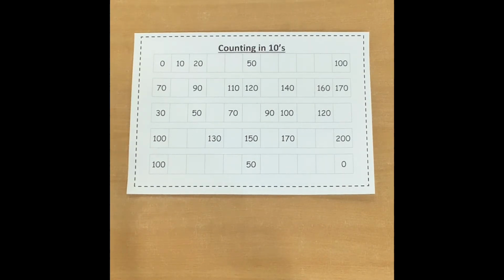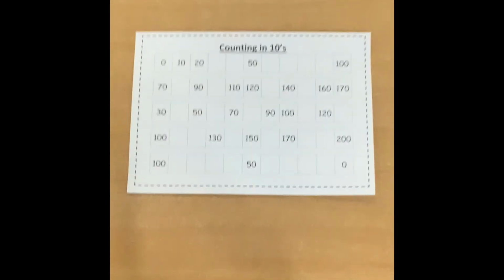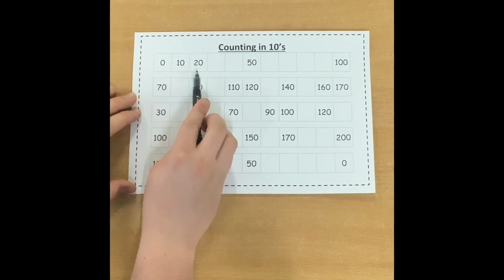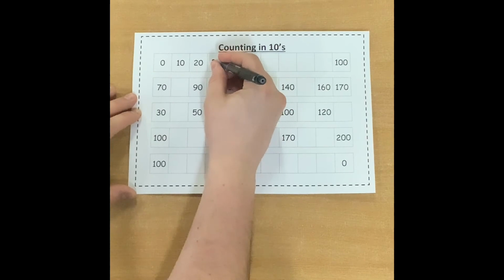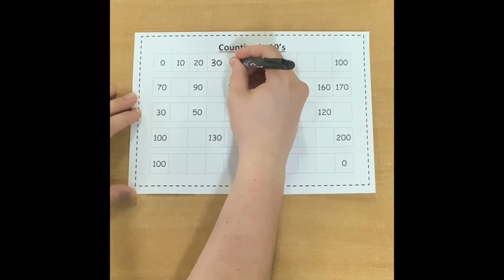And I'm going to do the first one to help you guys out. Okay, so we'll have a look here. So we've got our first one. 0, 10, 20. So we need what's going to come next after 20 if we carry on counting at 10. Can you remember from listening to the song? 30. 40.